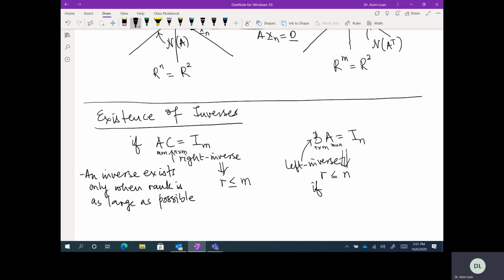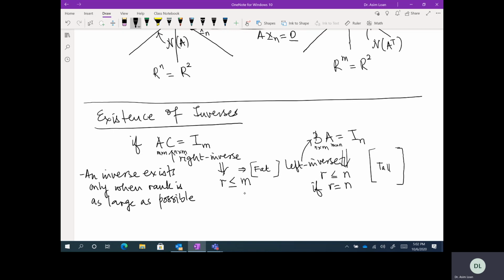So if R is equal to n, R less than or equal to n means this is a tall matrix. And here this is a fat matrix.